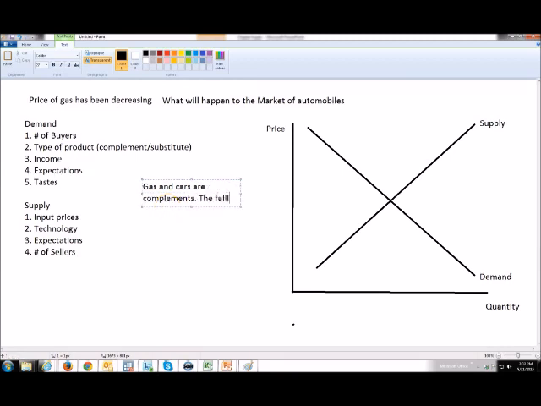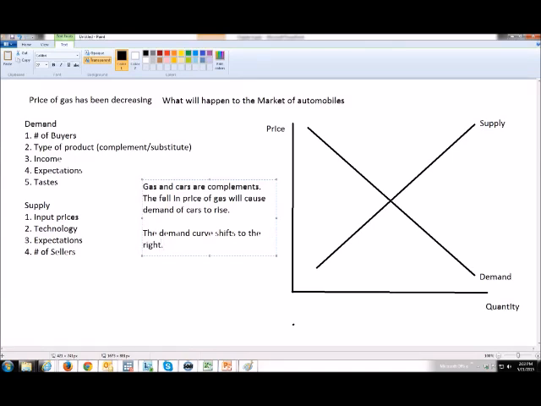The fall in price of gas will cause demand for cars to rise. So this is the observation: what changed? We know that demand is changing. Which way will demand go then? The demand curve shifts to the right.